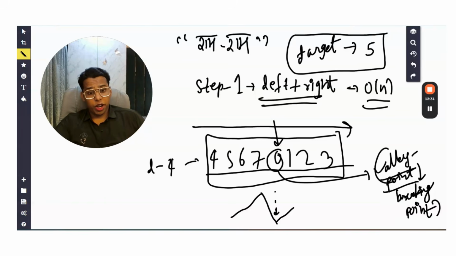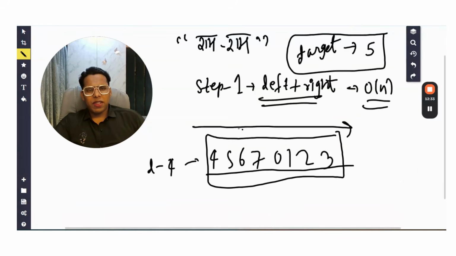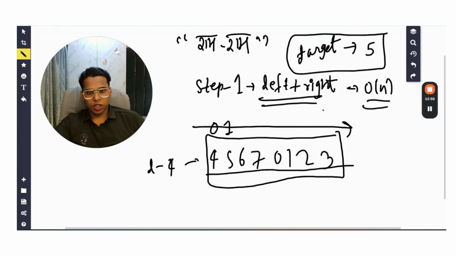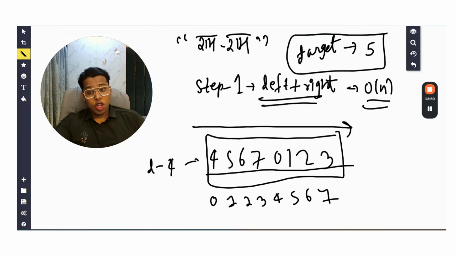How do you find the breaking point? The O of n method is very simple. Travel this array, these are the indices of the array. By traveling this array, just find out one thing: where is the minimum element coming?